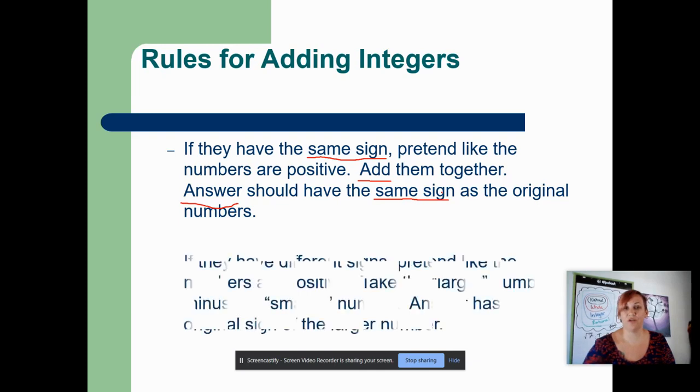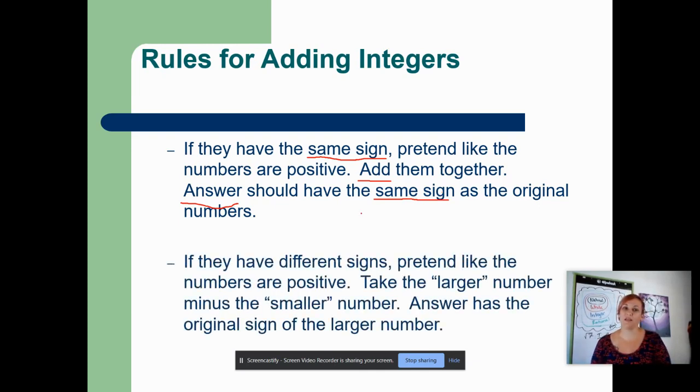The second rule for addition is if you're adding together two numbers that have different signs. So now we're adding together a positive with a negative. Then in your head, you're going to ignore the signs and you're going to do the bigger number minus the smaller number.